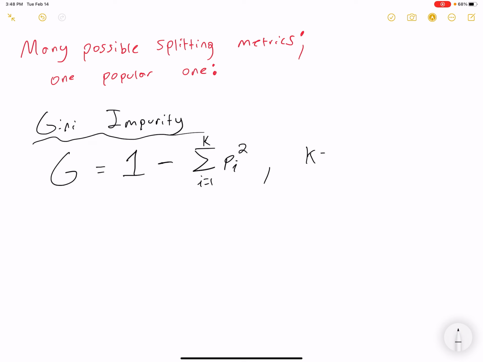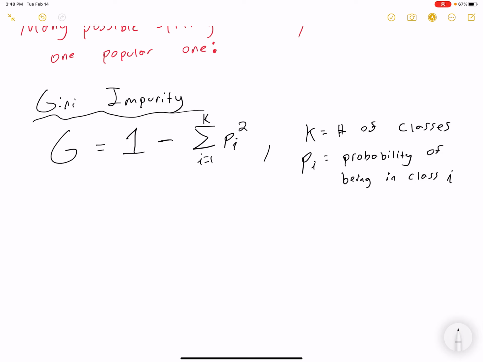So K here is the number of classes, and P sub i is the probability of being in class i.